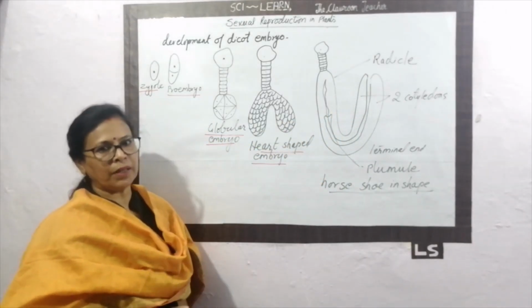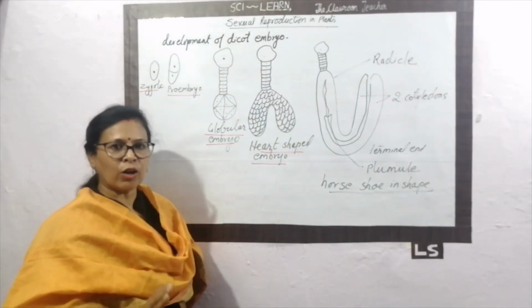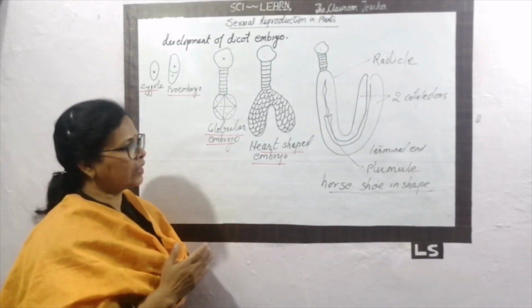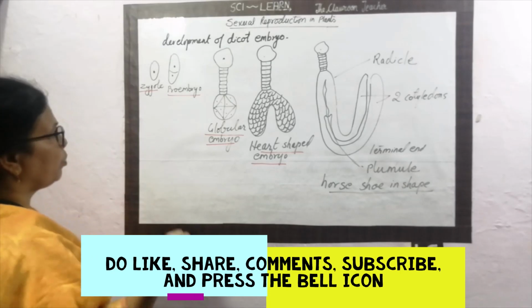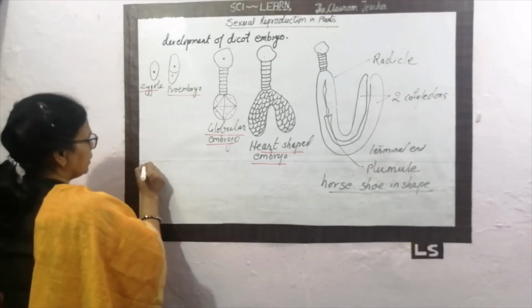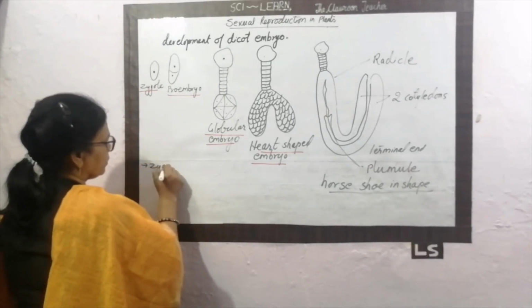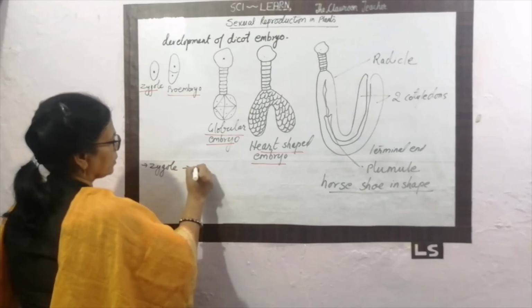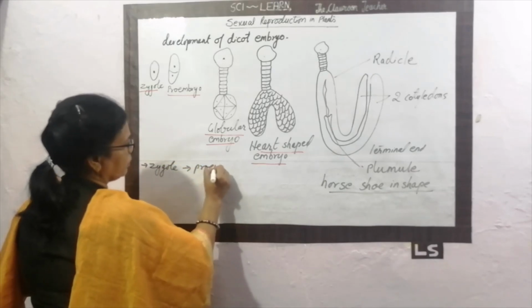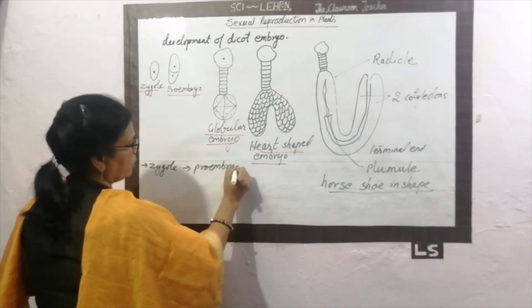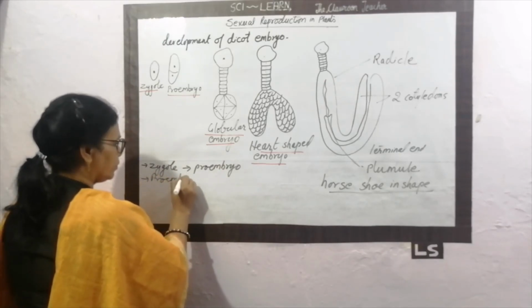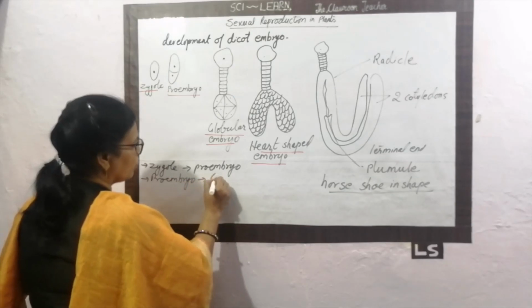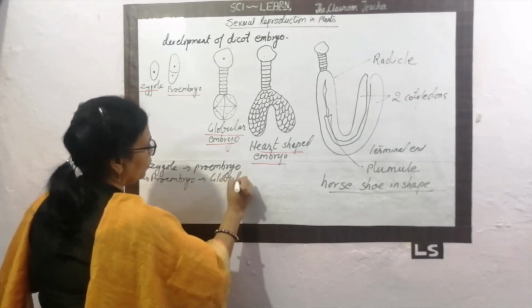And this is the complete development of the dicot embryo. The complete process is: zygote forms proembryo, proembryo develops into the globular embryo.